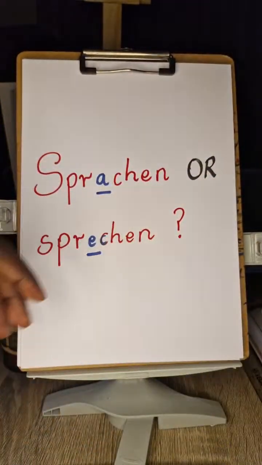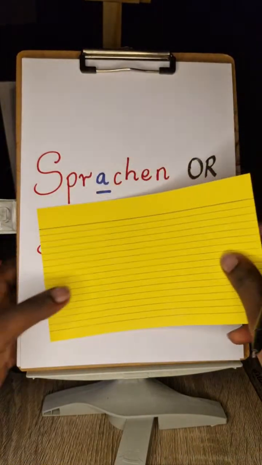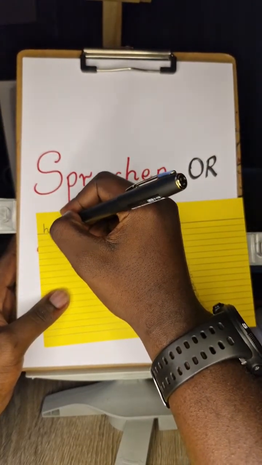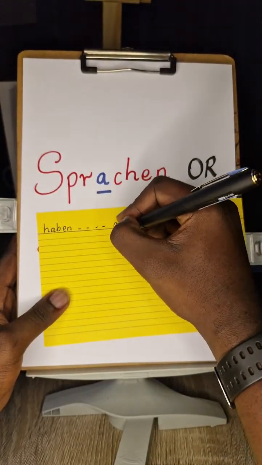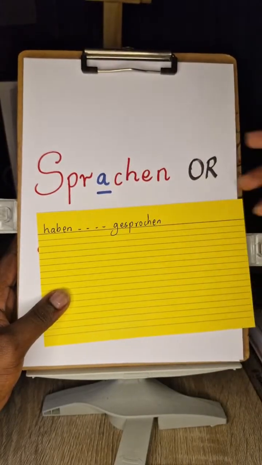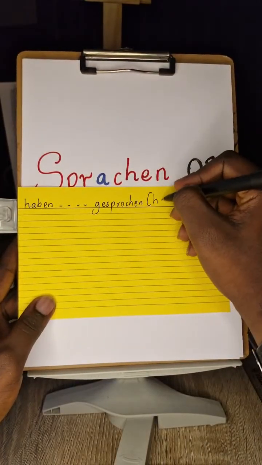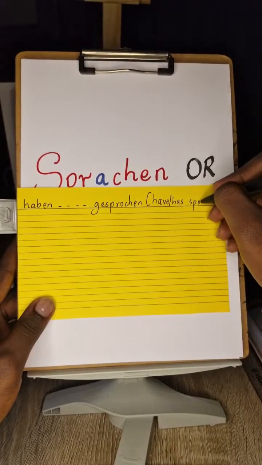Now, how about in the perfect? How would it become in the perfect? So in the perfect tense, you would now use haben, and then at the end you would have gesprochen. Haben, gesprochen. Look at that. Now this means have or even has spoken.